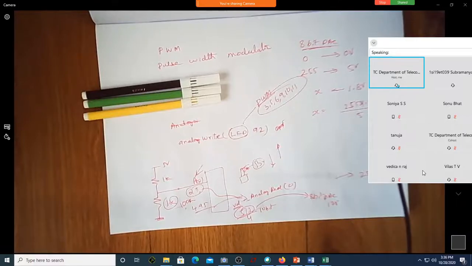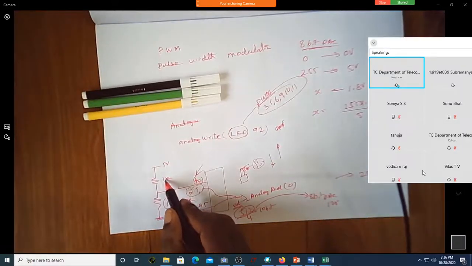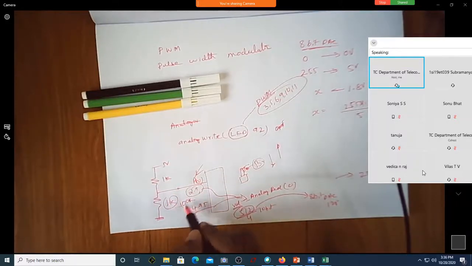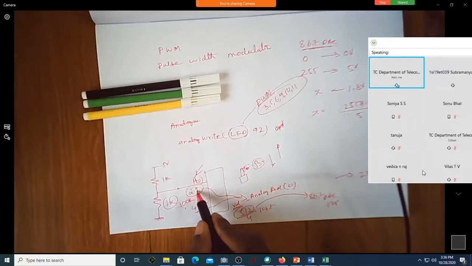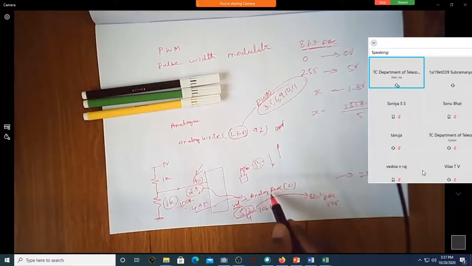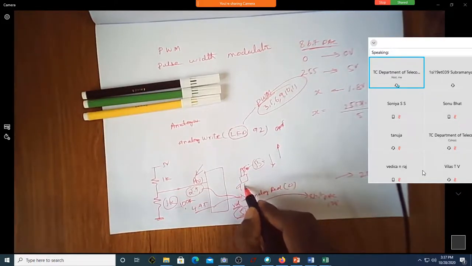So the answer to Vinut's question is, if you change the resistance from 1K to 100K, the analog read value increases from 2.5 volt to 4.95 volt. The analog read digital value increases from 512 to, what does 4.95 correspond to? Around 915 or something.